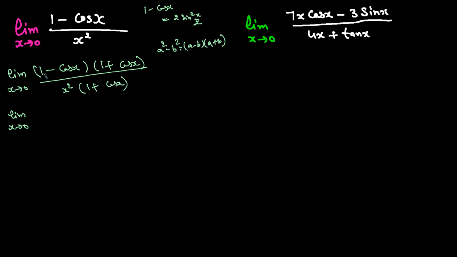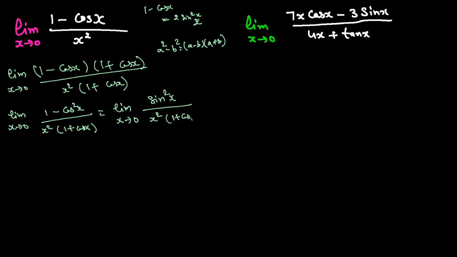So this can be written as 1 square minus cos square x over x square times 1 plus cos x, and we know 1 minus cos square x is equal to sine square x. So we're going to separate this into 3 different limits.